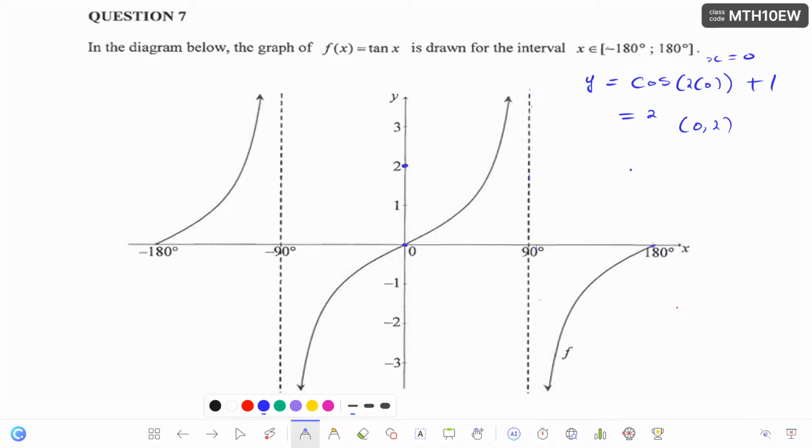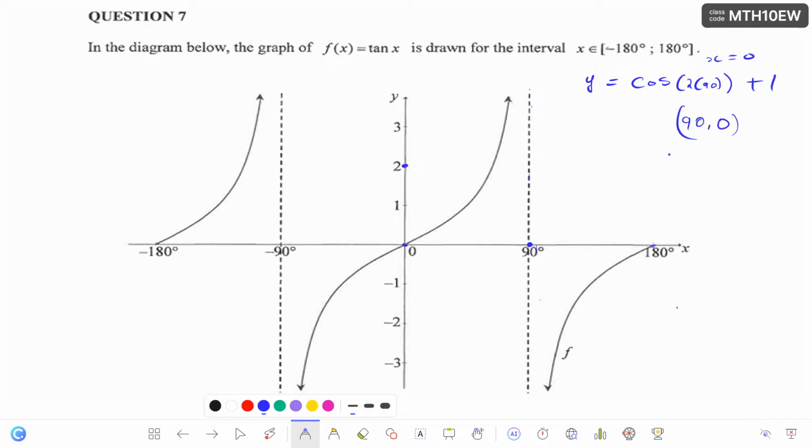Then the second one, you are going to do the same thing. You're going to say positive 90 degrees. If you put positive 90 degrees there, it's cos 180 degrees plus 1, and you're going to get 0. So 0 is here. Our second coordinate is 90 degrees and 0.